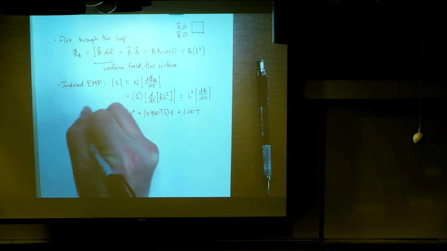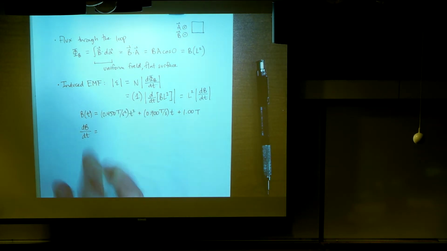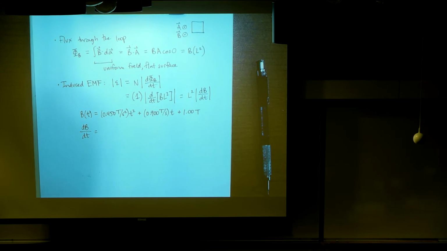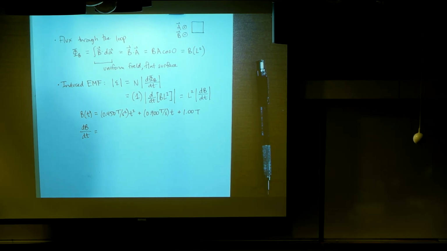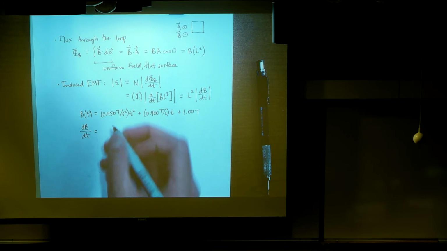So let's just evaluate the derivative of this B field strength with respect to time. Let's do it term by term. I basically have a t squared in the first term, right? What happens when I take the derivative of that? t squared becomes 2t. I'm just going to merge that factor of 2 with the 0.45, so it becomes 0.9, okay?